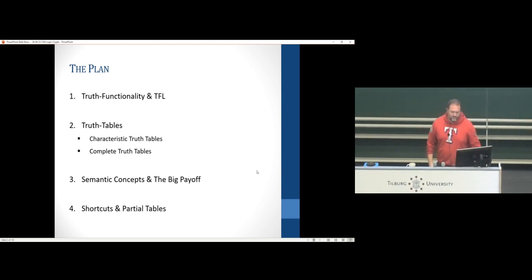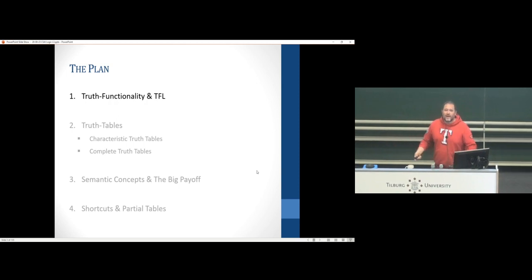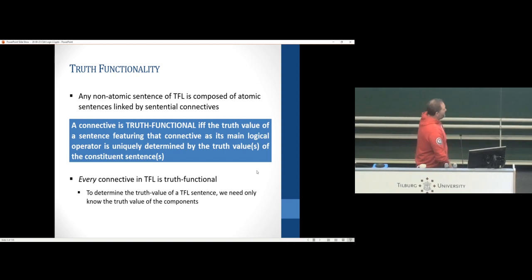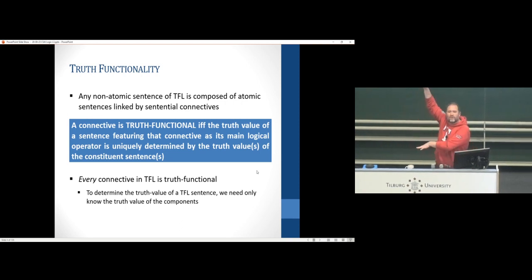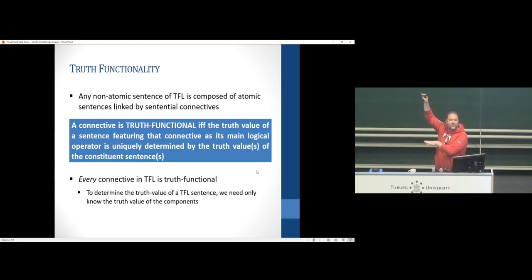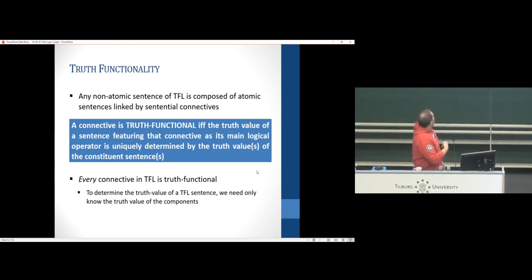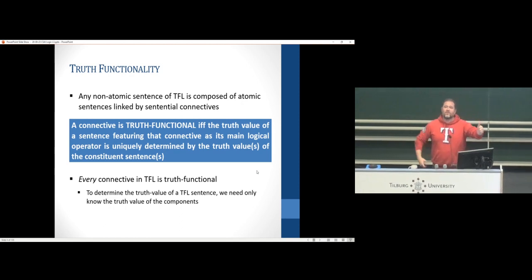Cool. Okay. So, truth functionality, the big idea. Last week, we talked about the construction methods for complex TFL sentences. Remember, the 7-clause definition of a TFL sentence. And we know that any non-atomic sentence of TFL is going to be composed of atoms linked up with the connectives.